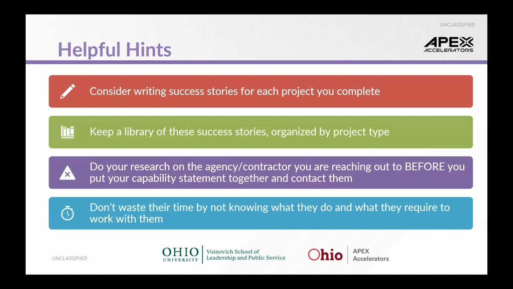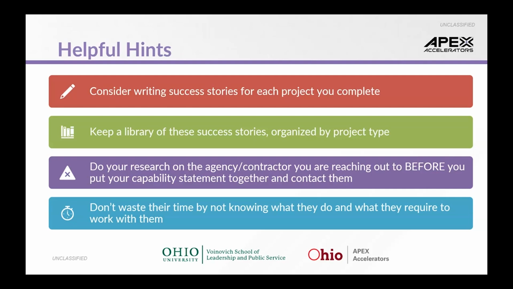So when I needed to market to somebody new, I could go into my library and pull in an appropriate success story for my past performance section. And then I'm not recreating the wheel every time. This will help you too, even on submitting proposals, because a lot of times proposals want some nice, more detailed information on your past performance. Keeping that library on your computer organized by project type makes your life a whole lot easier.